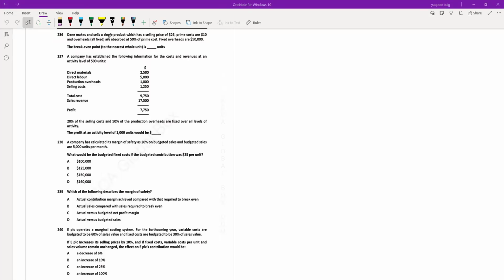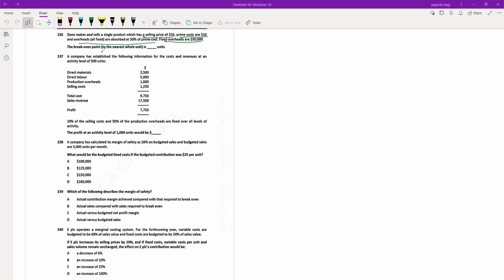B makes and sells a single product which has a selling price of 26. Prime costs are $10 and overheads all fixed are absorbed at 50% of the prime cost. Fixed overheads are $50,000.